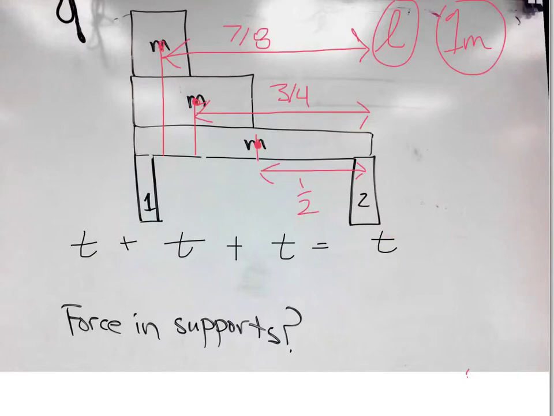First of all, when we're calculating torque, it is force times radius. And so force is going to be the weight of this, and the weight of this, and the weight of this. And radius is going to be 1/2 and 3/4 and 7/8 of L, or a meter, or a mile, or whatever it is.